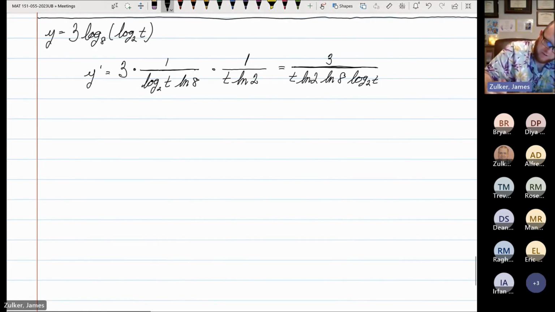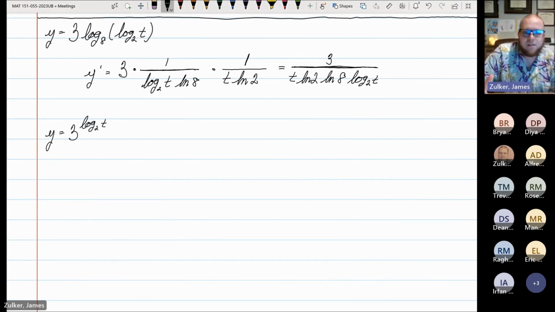Yeah, this one could work. This function is an exponential.